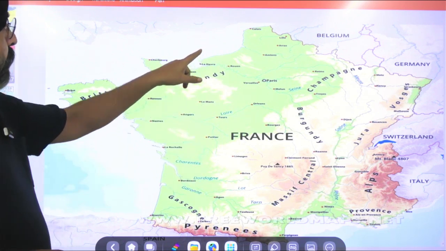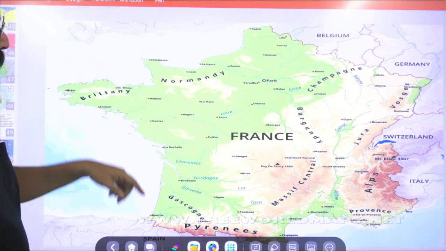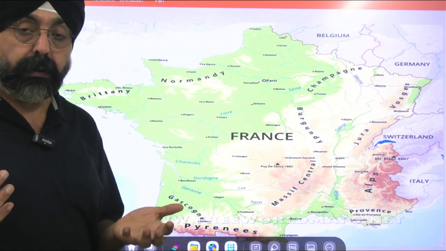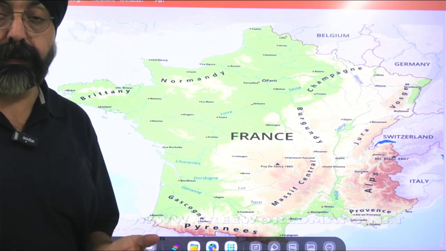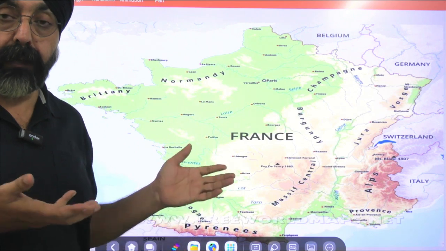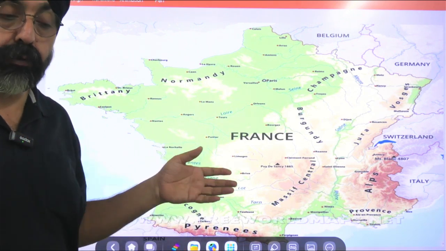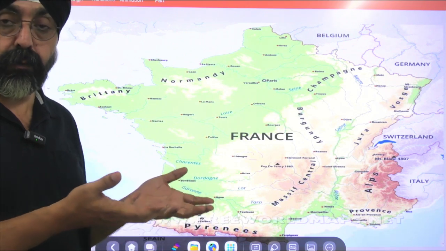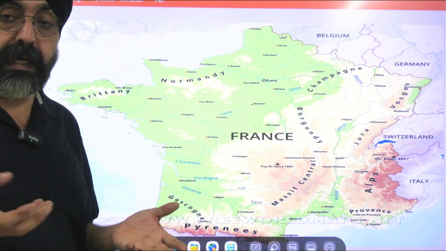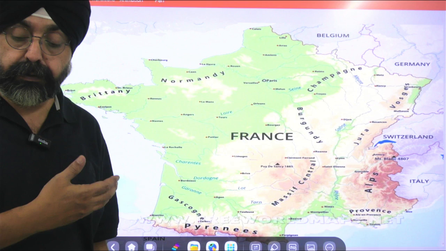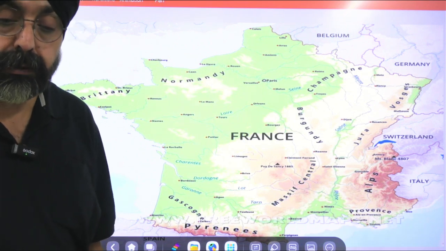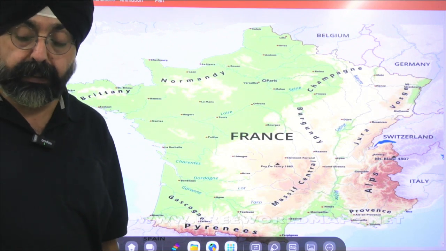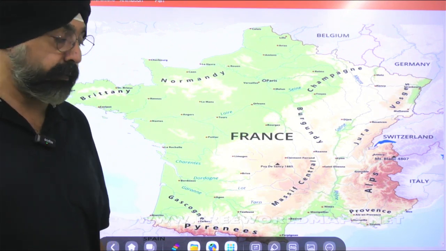Here we have the Strait of Dover and the English Channel. So this way, the doctrine of natural frontiers is an excellent one, and they promoted it and extended their boundaries to the maximum. This is one of the safest countries. Maximum overseas boundaries, France is having 18. And this is the country that has the largest number of time zones, 12. So many islands it has in almost all the oceans.